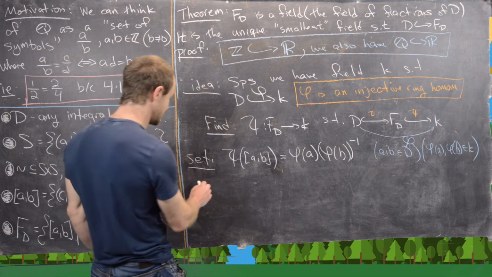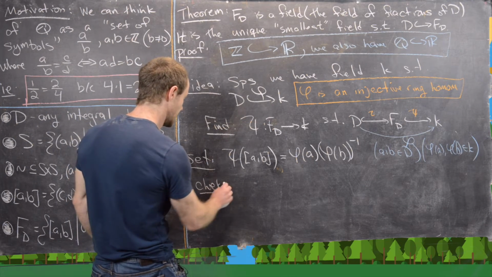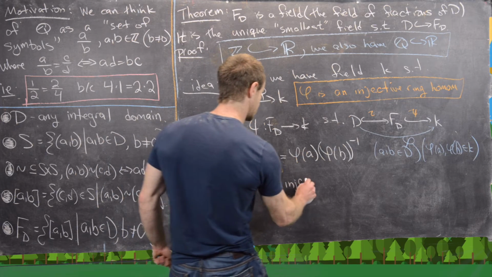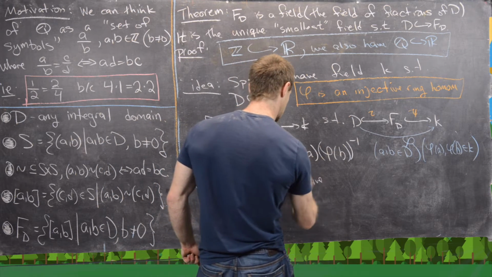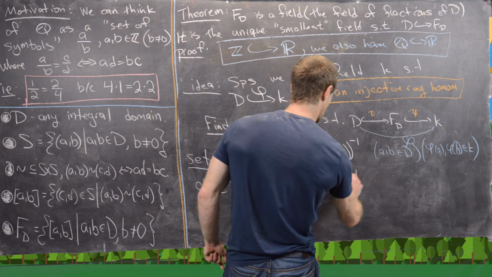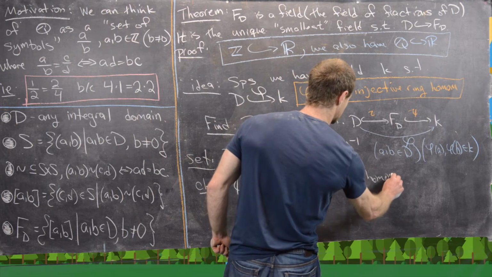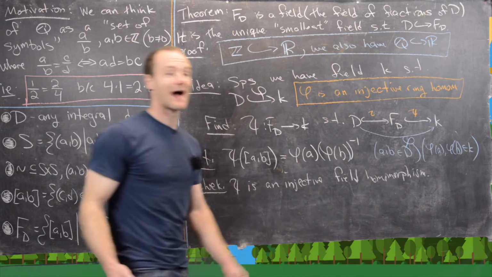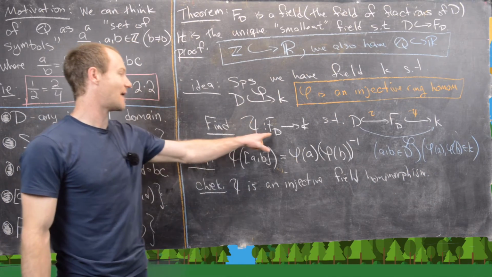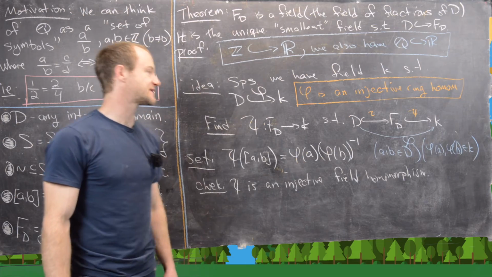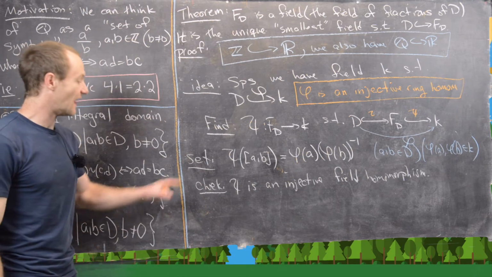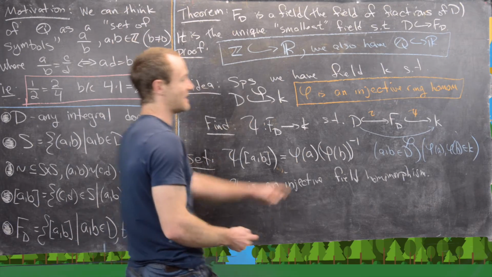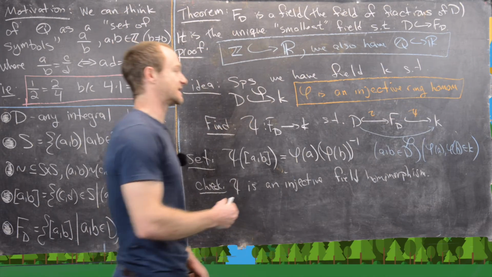Okay, so the last thing that we need to check is that psi is an injective field homomorphism. That will put a copy of f of d inside of K. And then we need to check one more thing after that, and that is that this diagram makes sense.